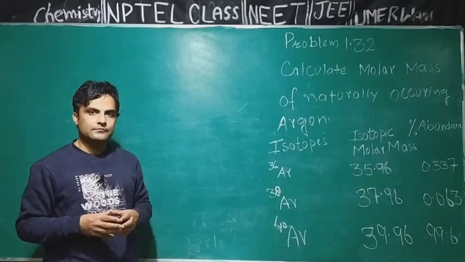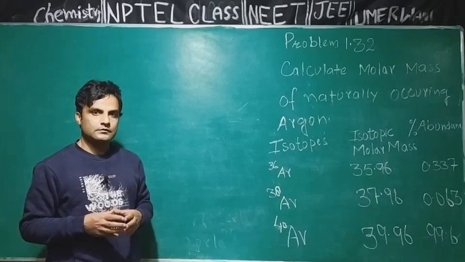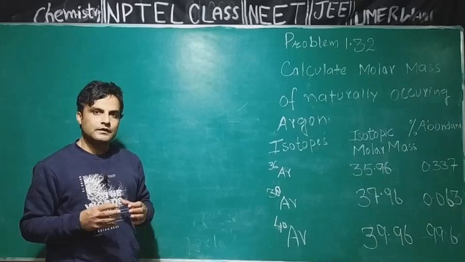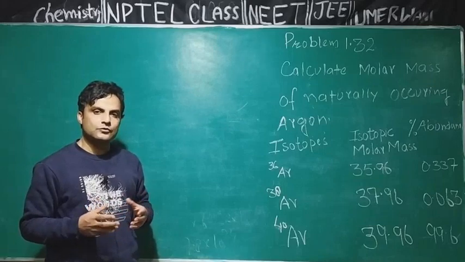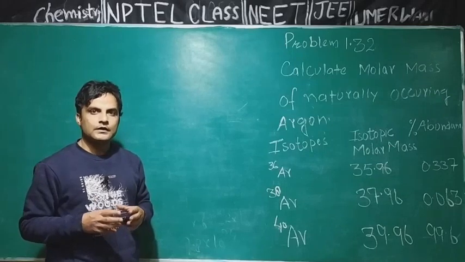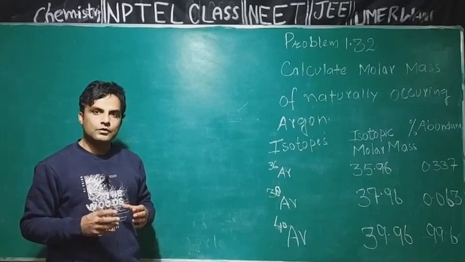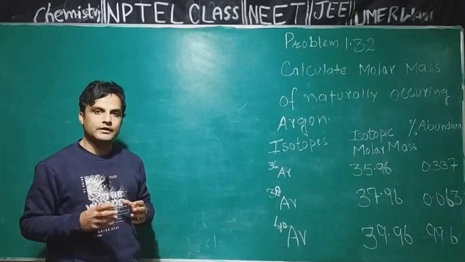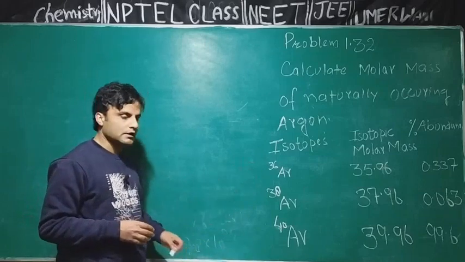And the idea is that average molar mass is the average of molar masses of all the isotopes of an element and is calculated using a formula.